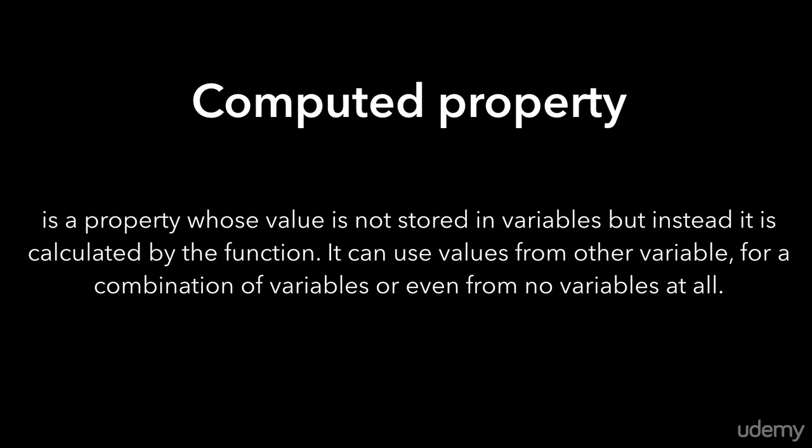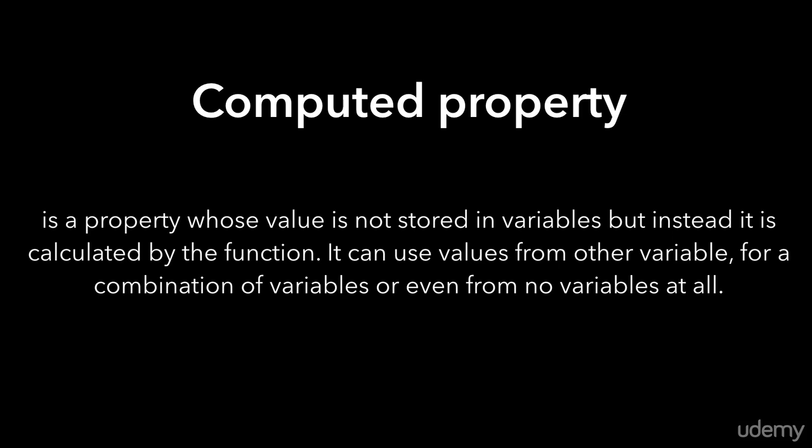Computed properties are values that are not actually stored in your class, different from the stored properties that we just saw before. We calculate the value the property will return based on the stored properties or not, and give that value back.